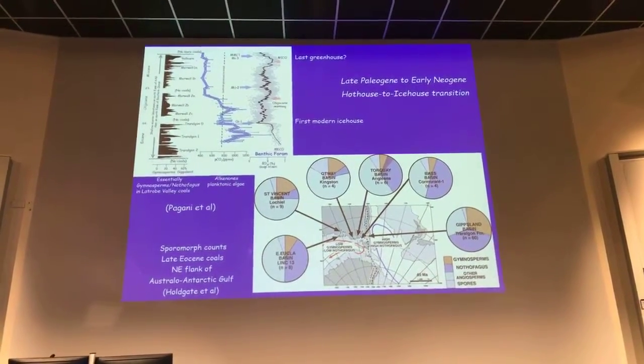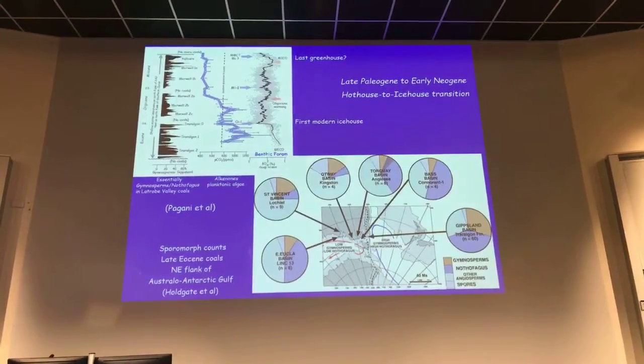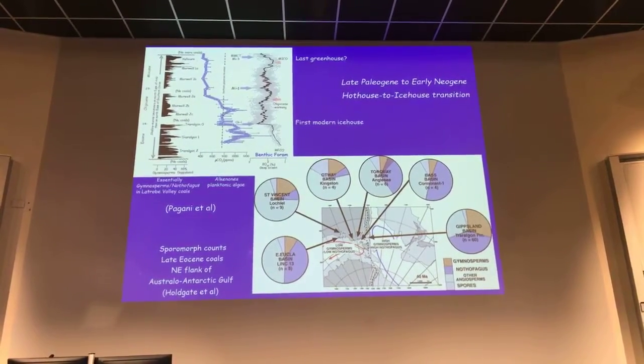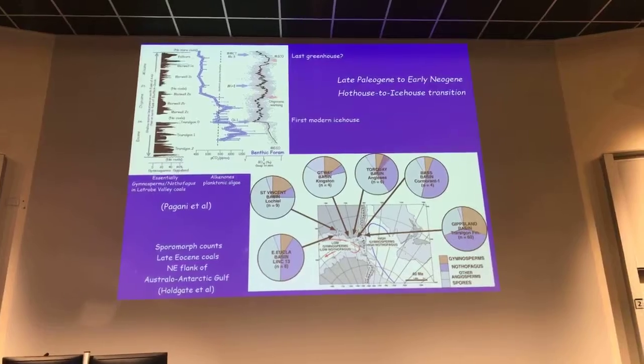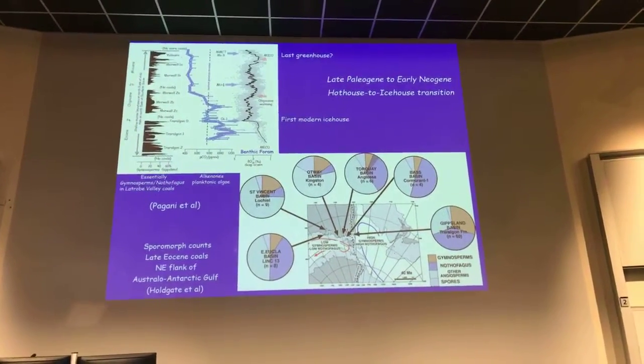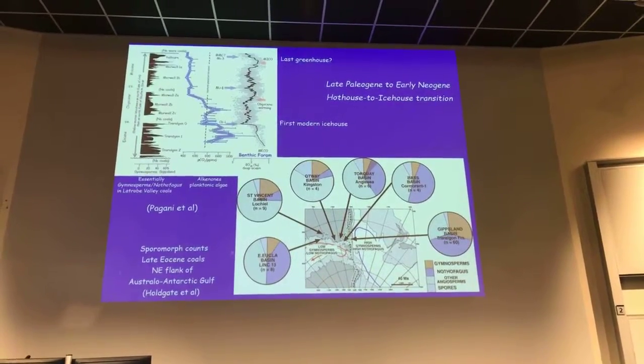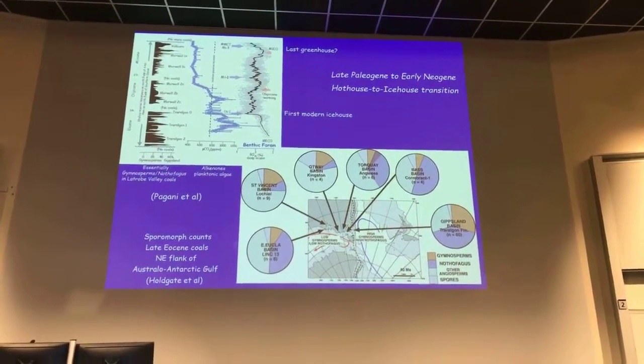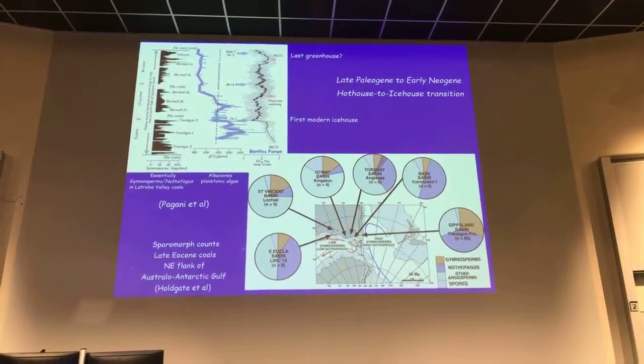And you see over here, here's the big change between the warm, the greenhouse to hothouse world of the Eocene to the cooler world, distinctly cooler world here of the early Paleogene.